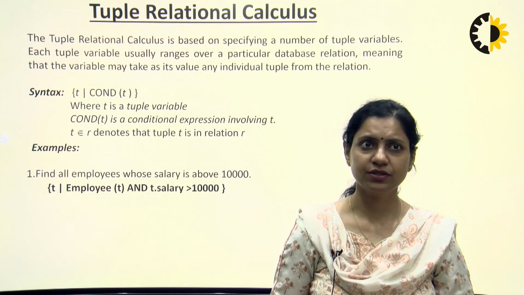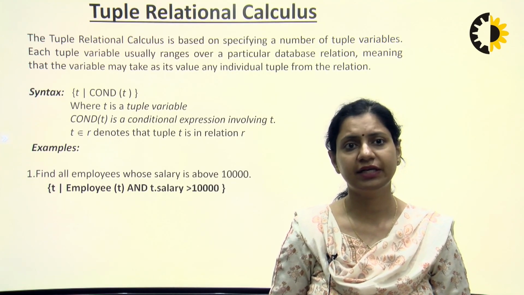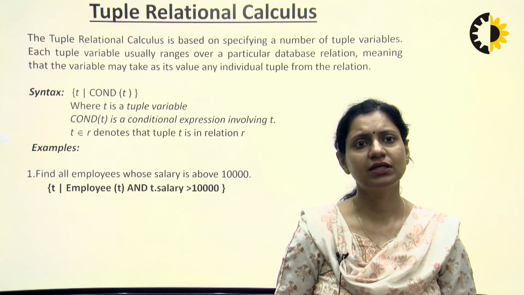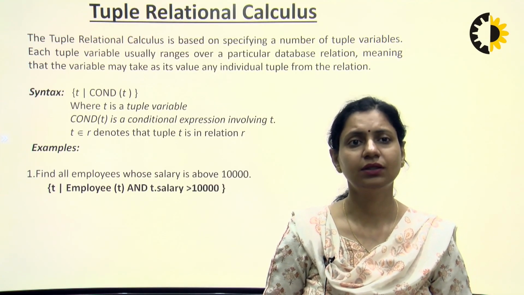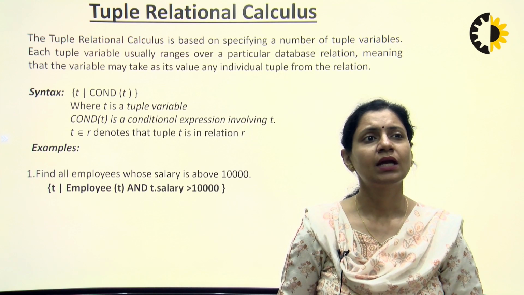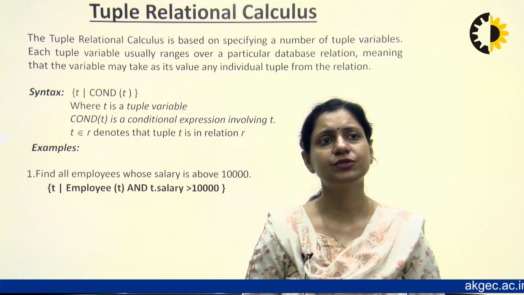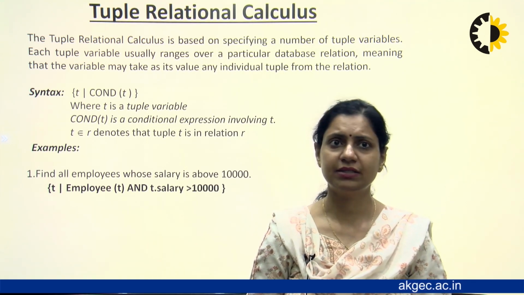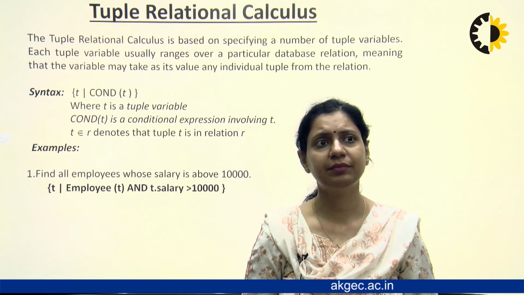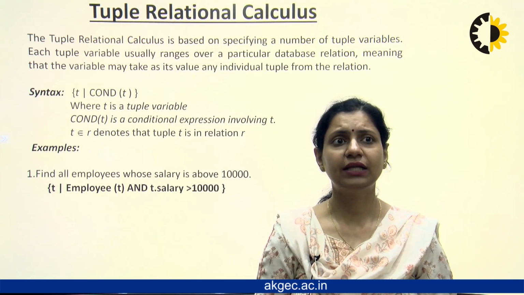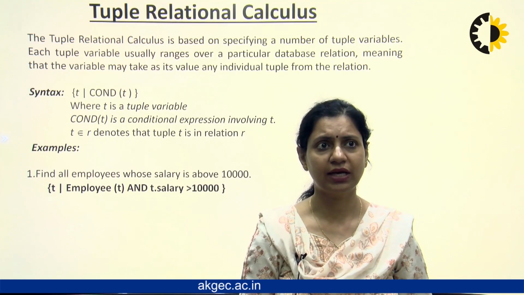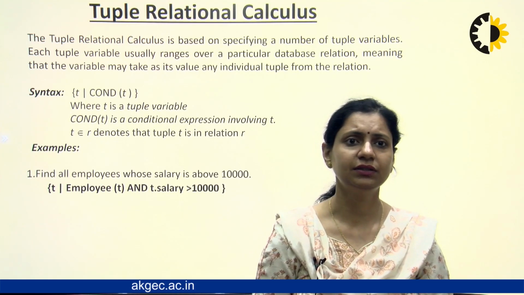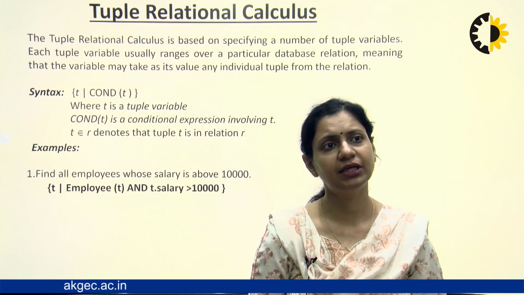it is based on specifying the tuple variables, because our main focus is on the tuples or the rows or the records. Each tuple variable usually ranges over a particular database relation, meaning that a variable may take as its value any individual tuple from the relation.